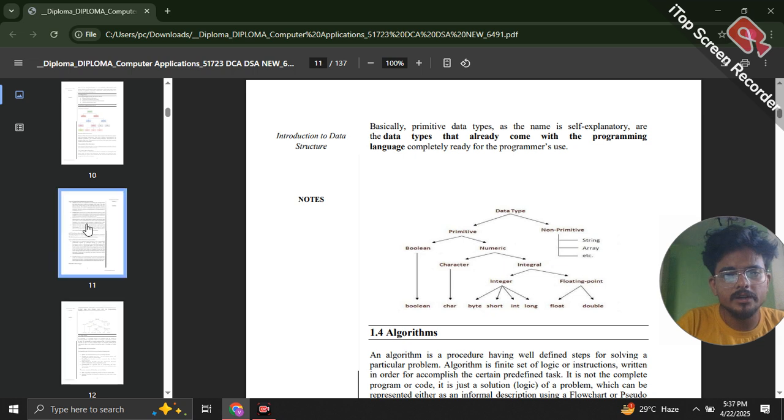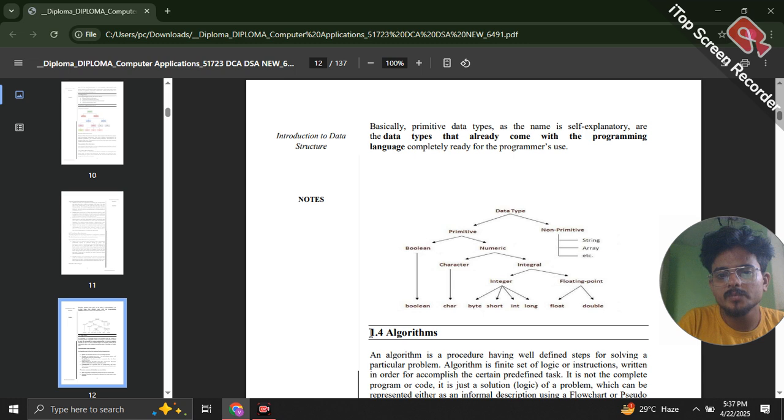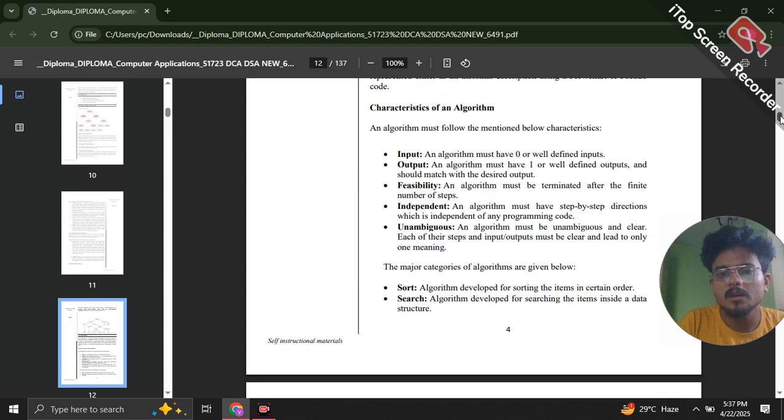We have already studied arrays, linked lists, primitive types. What do you mean by algorithm? Have you studied mathematical formulas in mathematics?